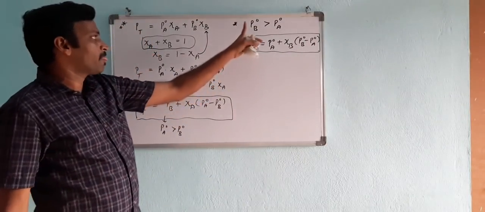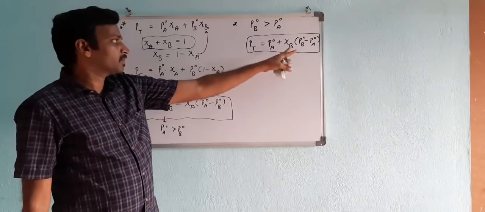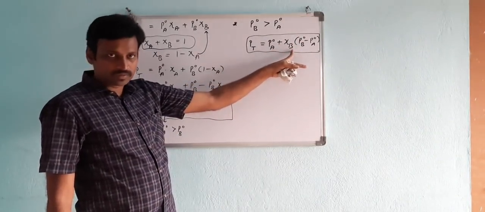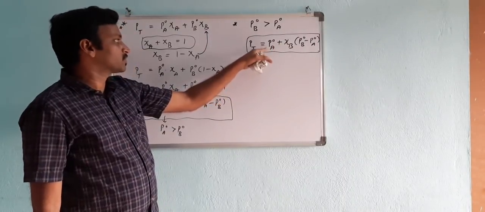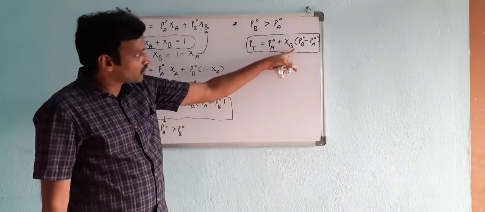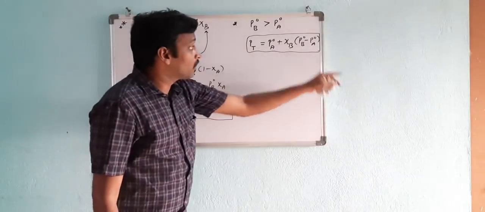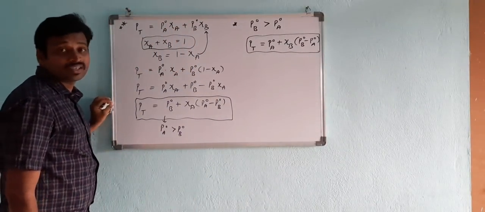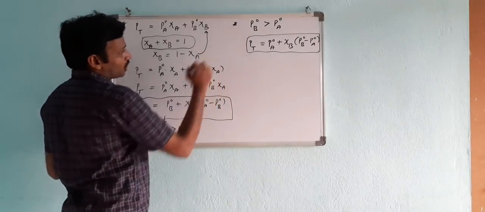PB naught is more, so mole fraction of B will certainly be more, and PA naught is less. This is one of the important relations we have.